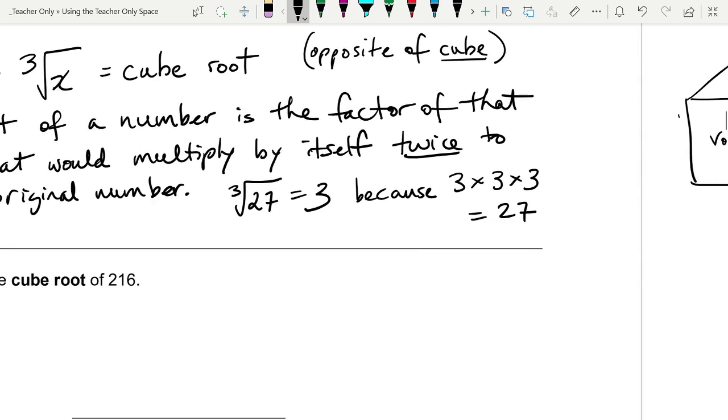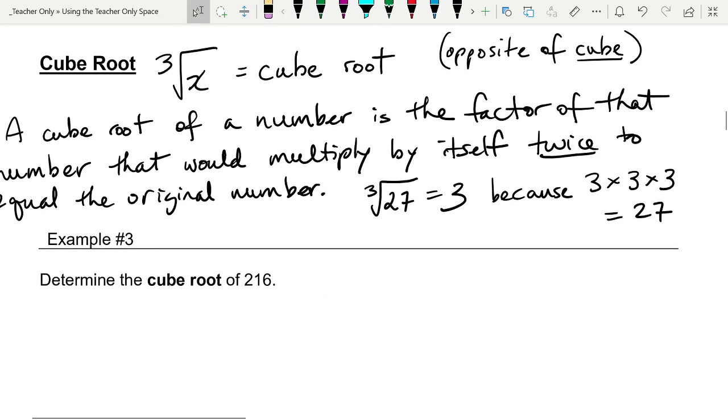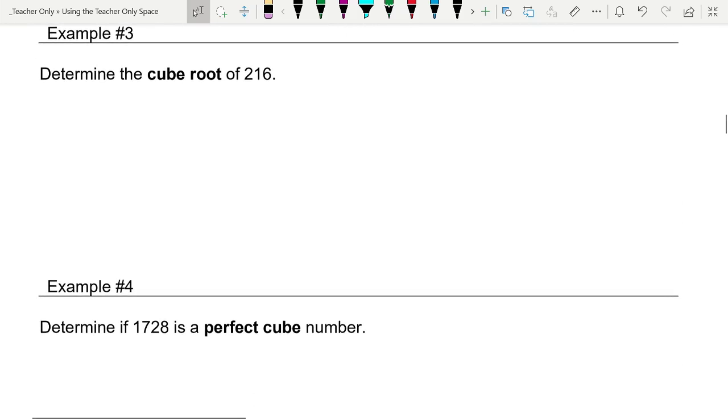All right, so now, once again, we're going to use our factor tree. What's the cube root of 216? Well, if I make a factor tree for it, let's see, what goes into 216? It's got a 3 in it, right? 2 plus 1 plus 6 is 9. So it has a 3 in it, and it goes in there 72 times. Oh, and I know 72.